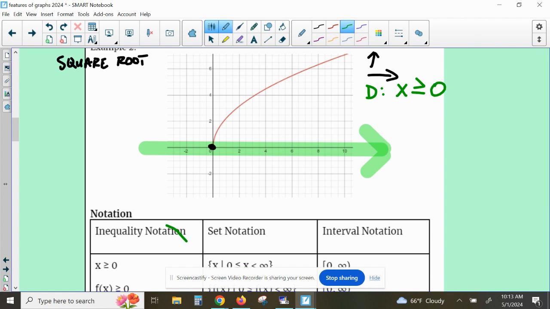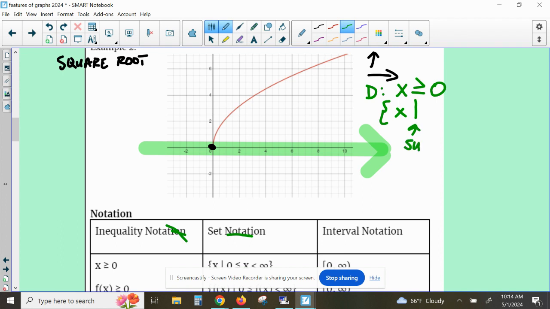The next way to write it is in set notation. So that means you have to start with the set brackets. So draw the set brackets. And we're going to start with the x's. And then we're going to draw a bar. This bar means you read this such that. So let's put this fancy term.